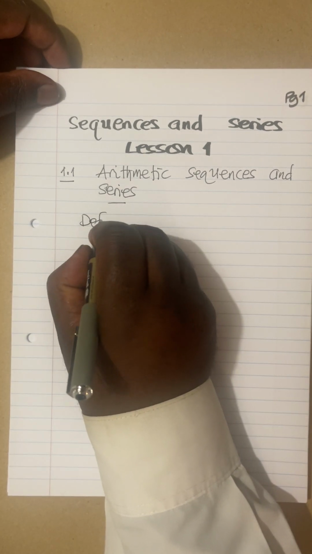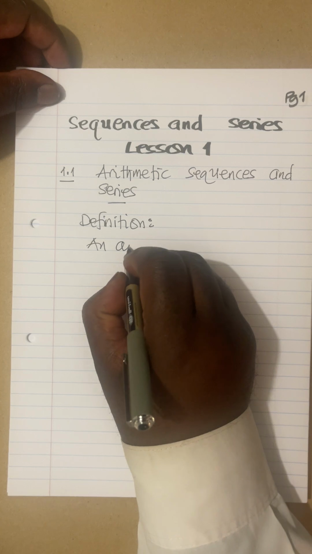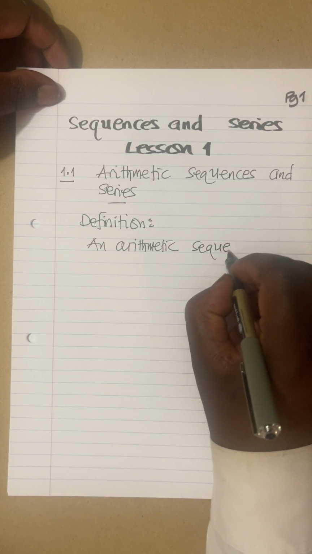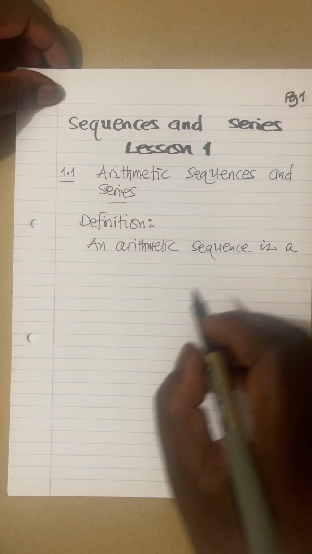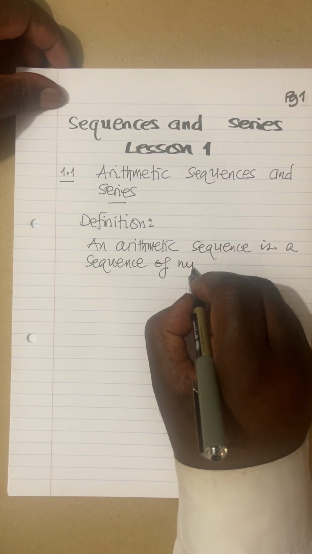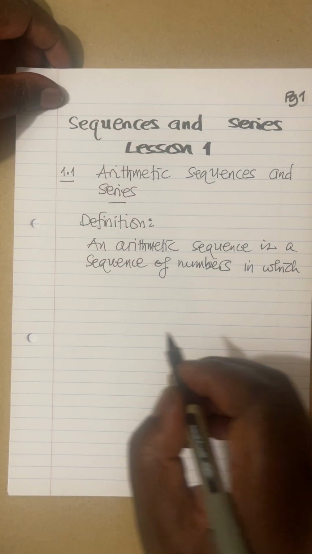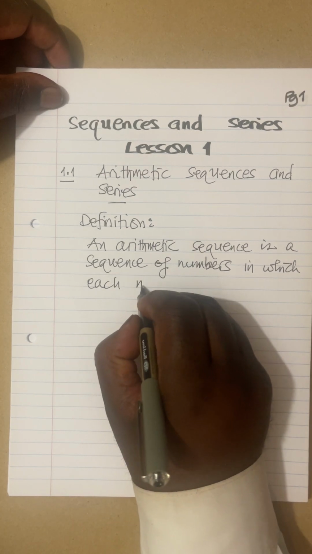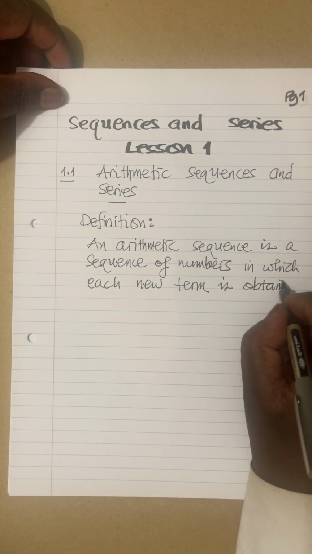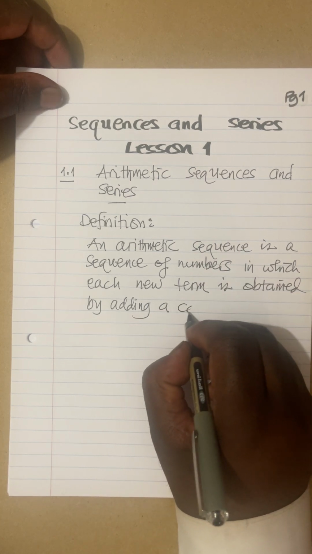So we start with the definition then. We define an arithmetic sequence as a sequence of numbers in which each new term is obtained by adding a constant value.